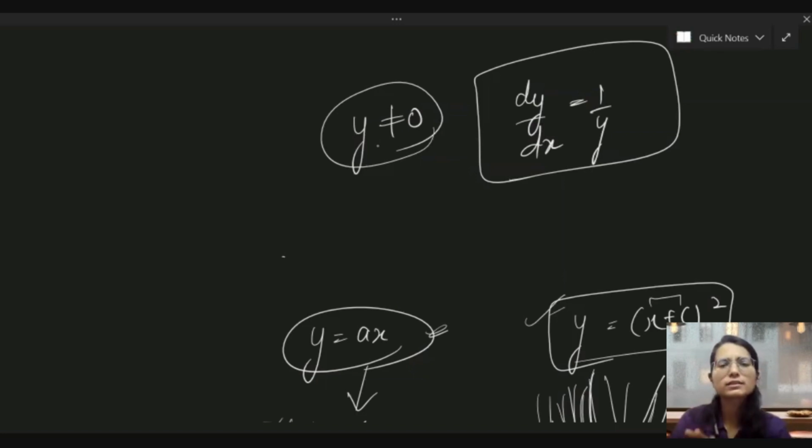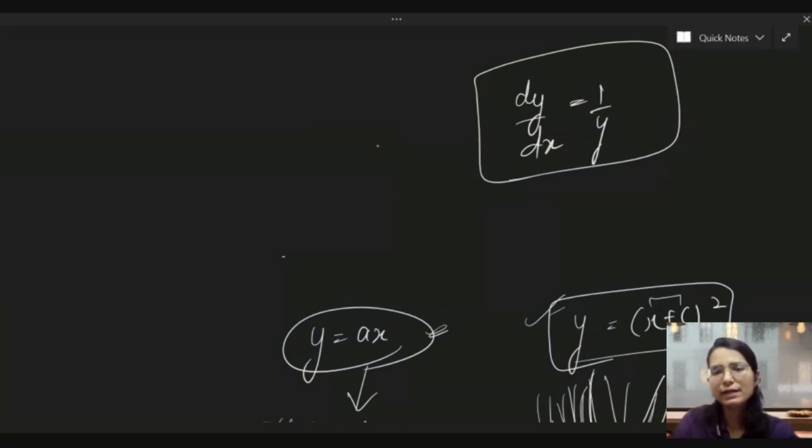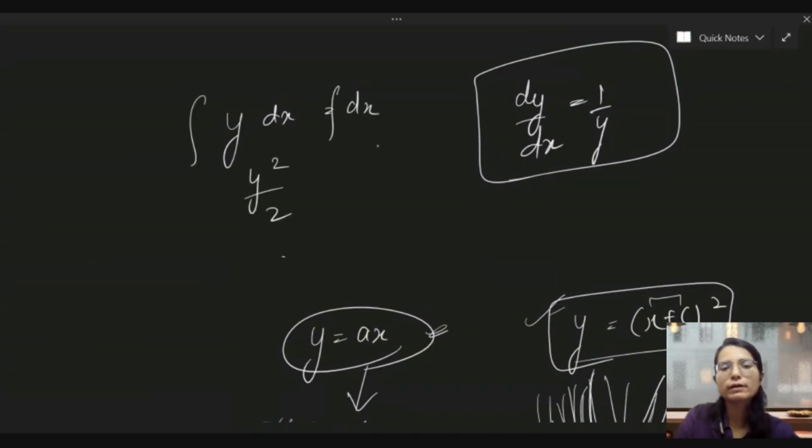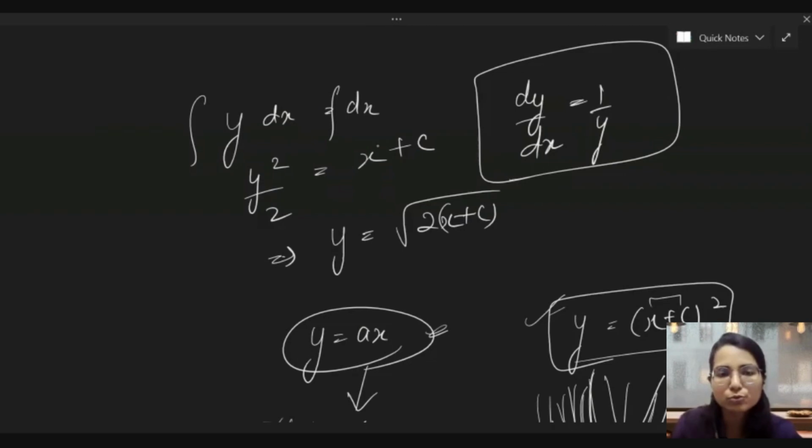Whatever the solution is, for example, if you find the solution, what would be the solution? y dy is equal to dx. What would be the solution? y square by 2 is equal to x. So that means y is equal to the square root of 2x plus c. y should not be equal to 0, they have said.